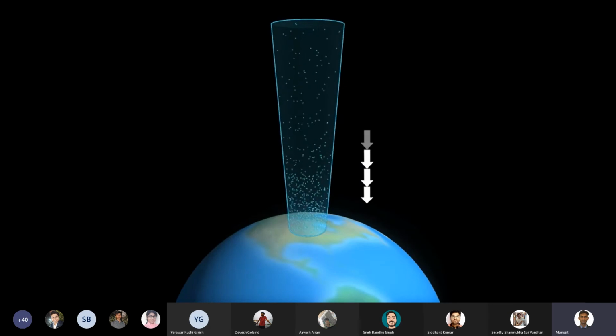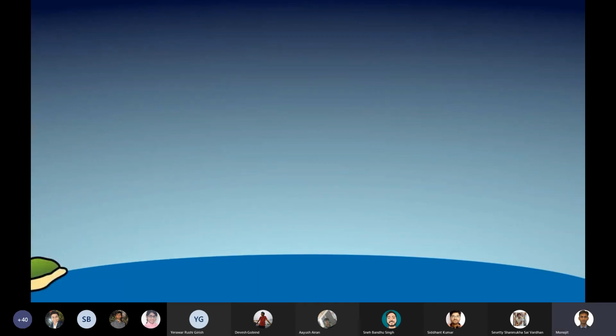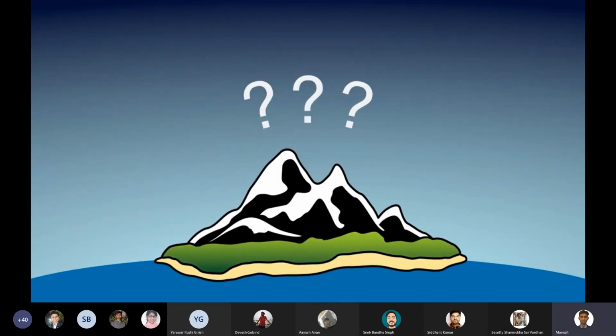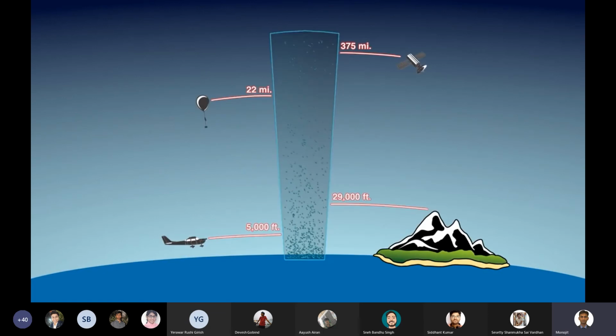So, all the air molecules at the top of the column are pushing down on the molecules below them, which compresses them. This compression results in a higher pressure at sea level compared to the pressure on top of a mountain. How much of a pressure change are we talking about? Well, if we say the atmosphere goes up to about 375 miles above the surface of the Earth, 50% of those air molecules would be found in the first 18,000 feet of the surface.